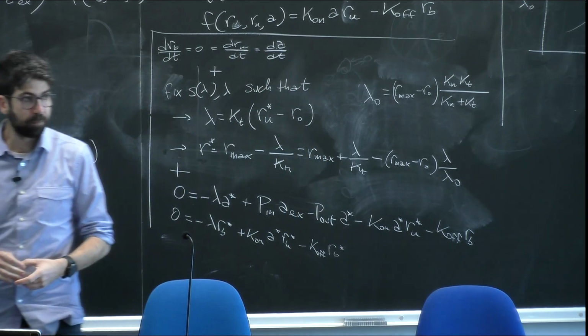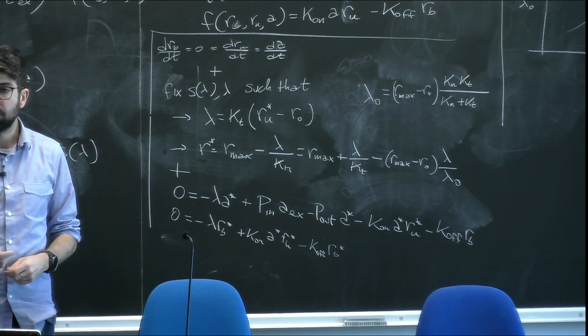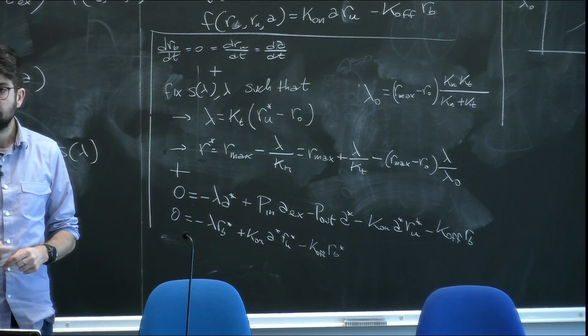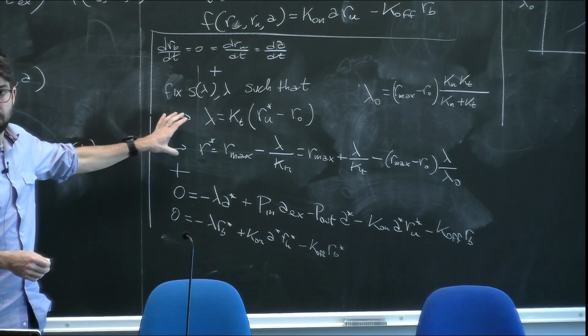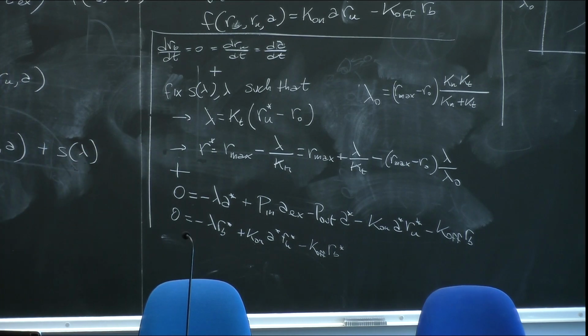Can you repeat, please, briefly the idea of these two conditions? Yes. These are the conditions we learned here. There is one condition we learned from experiment, which is the fact that the total amount of ribosomes decreases linearly with the growth rate when we add antibiotics.